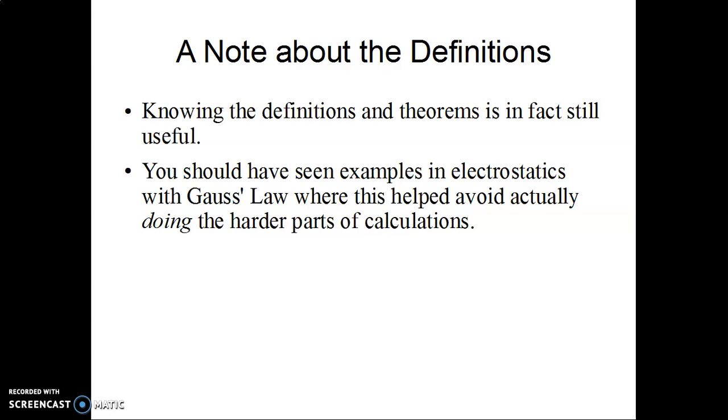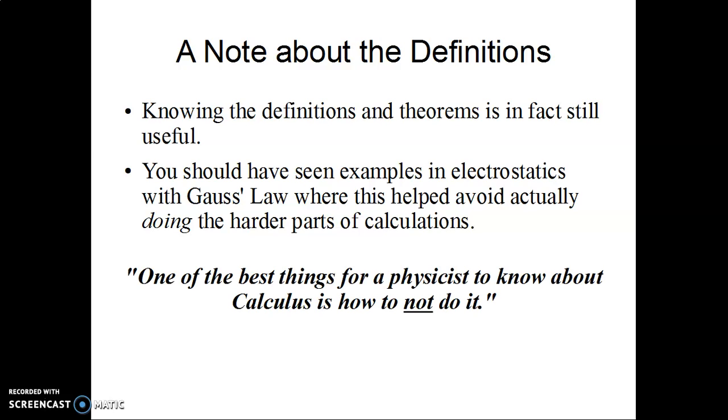And we actually broke integrals up into separate parts of a closed surface and made very simple pieces where what was in principle a relatively complicated calculation turned into really simple arithmetic for most of it, even though you were doing calculus. One of my favorite quotes from myself is, one of the best things for a physicist to know about calculus is how to not do it.